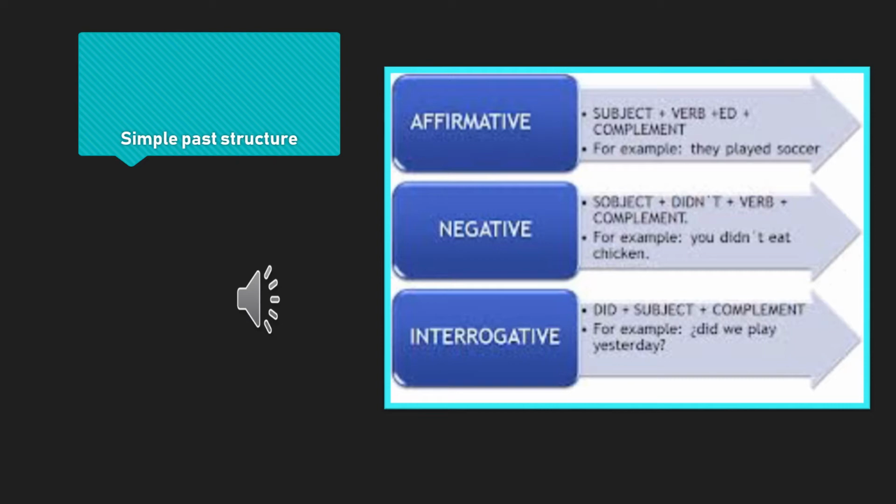Remember, didn't is the contraction of did not, plus the verb. In this case, we use the verb in its natural form, plus the complement. We have an example, which is you didn't eat chicken. It could be you did not eat chicken. You ate something else, but not chicken. And for the interrogative, we have did plus subject plus the complement. For example, did we play yesterday?